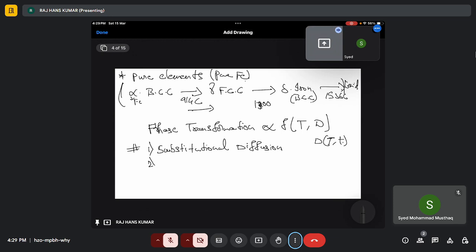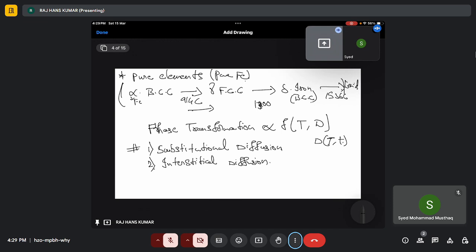and the other one is interstitial diffusion. So these are the two types of diffusion we have previously talked about.